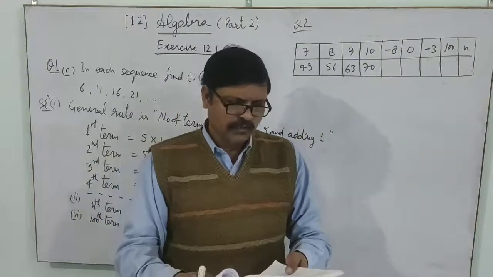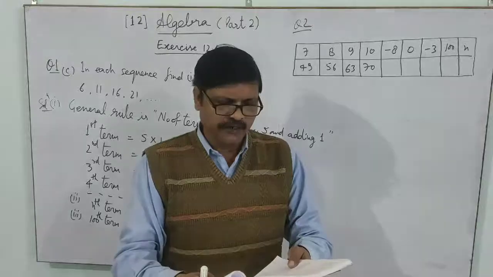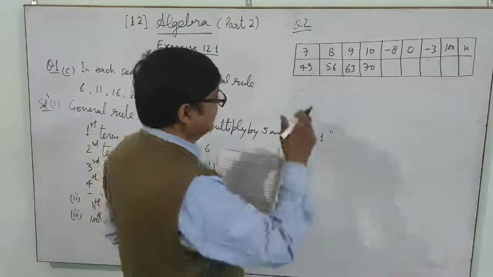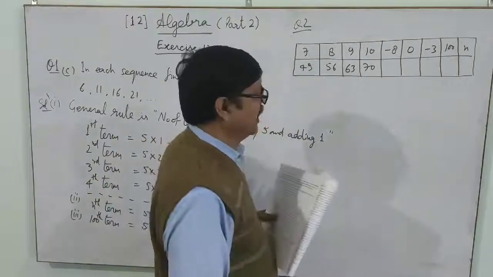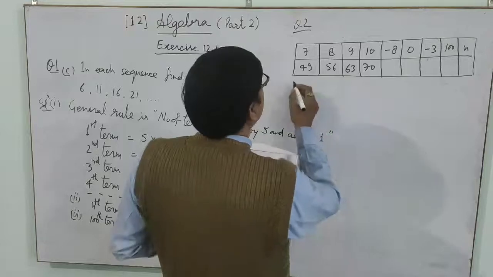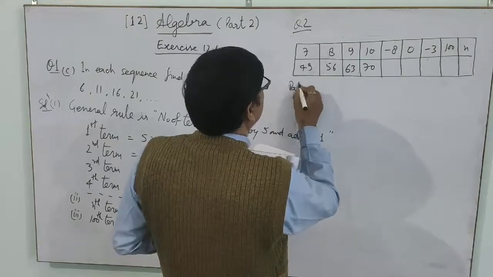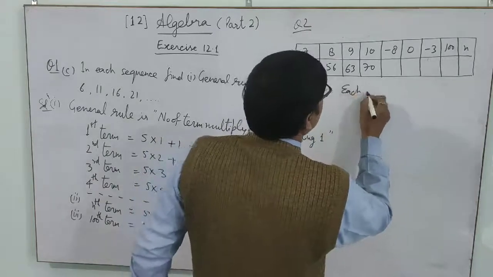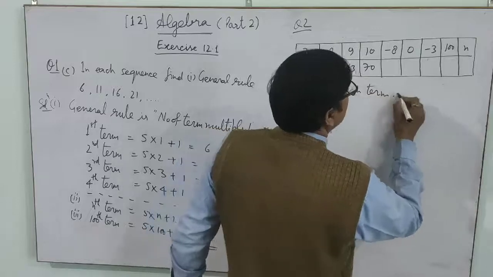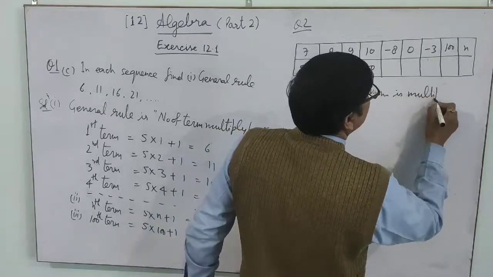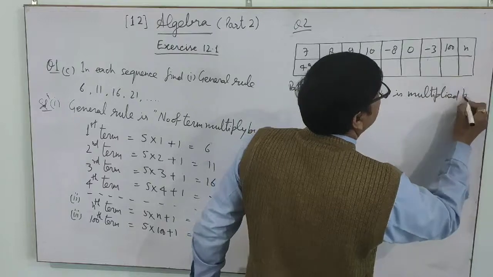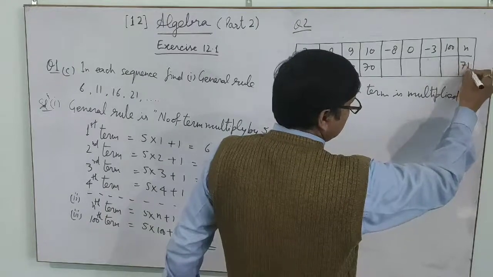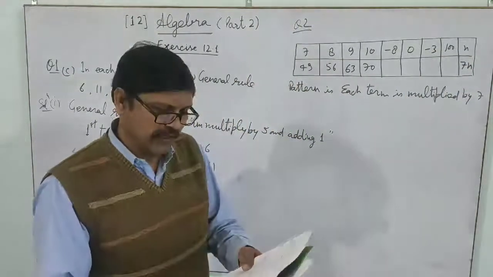Then the question asked is: look at the pattern and fill the missing boxes. So you can see what the pattern is. The pattern is that each term is multiplied by 7. So here you can write 7n. When n is multiplied by 7, you get 7n.